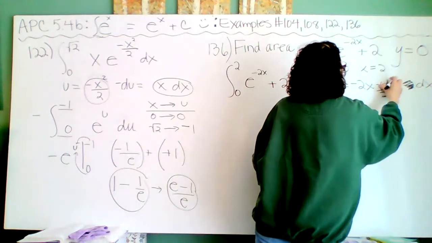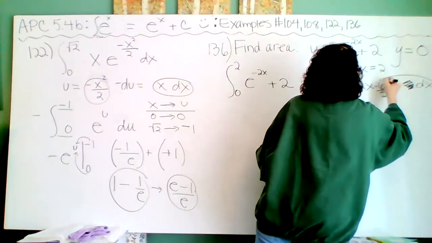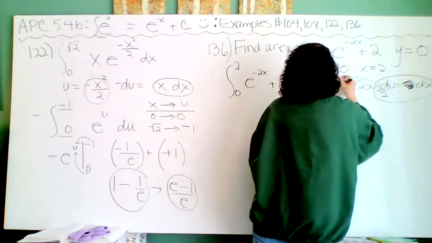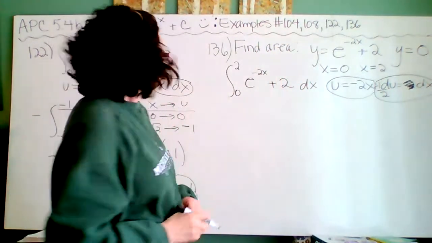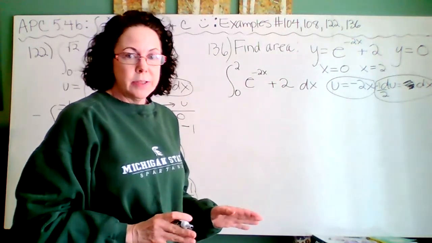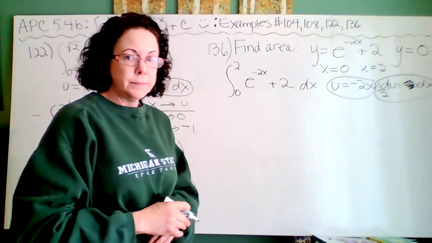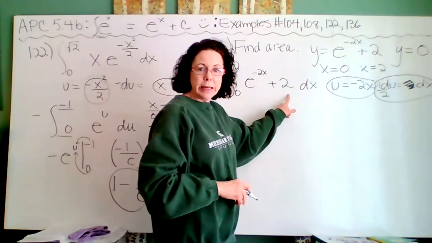Sorry, I kind of squished it in there. See if I can do that better. Okay, let's separate this a little bit. There we go. Okay, now we're going to have to do this one a little different. There's a couple ways to go, okay? Because I did a u substitution here, but I don't need one here.